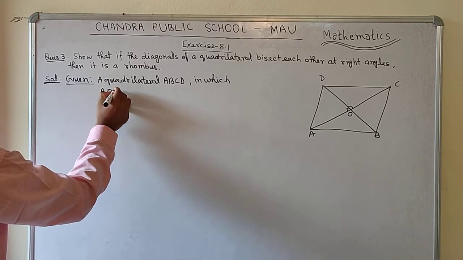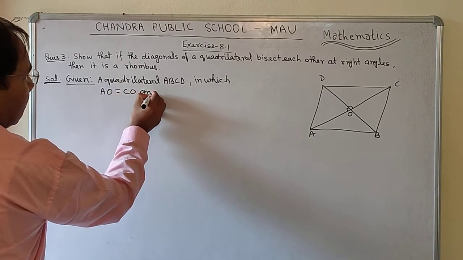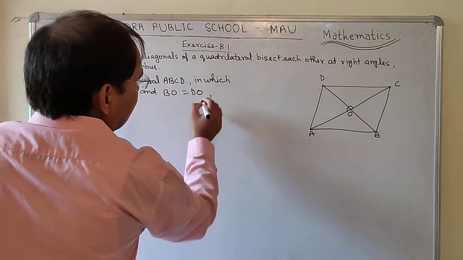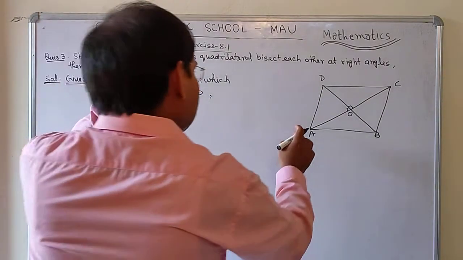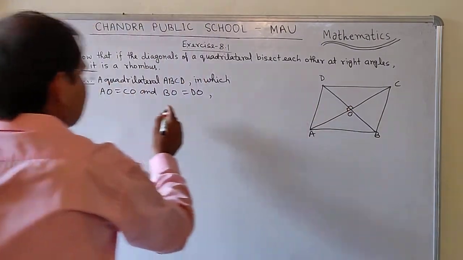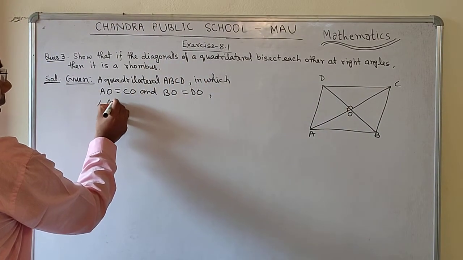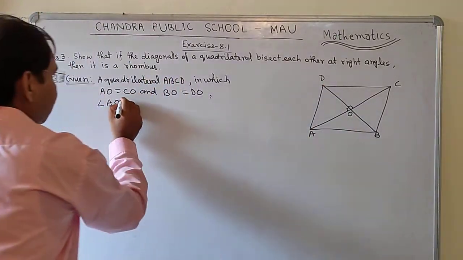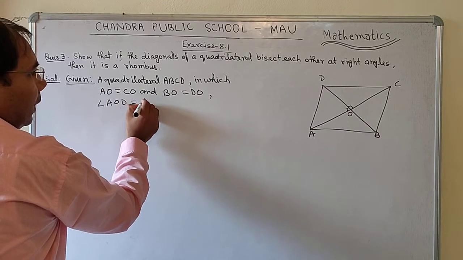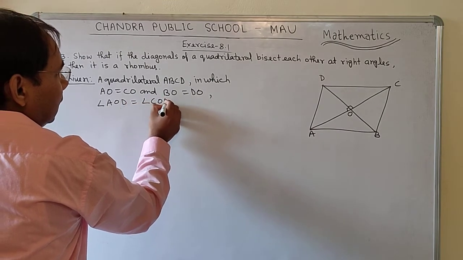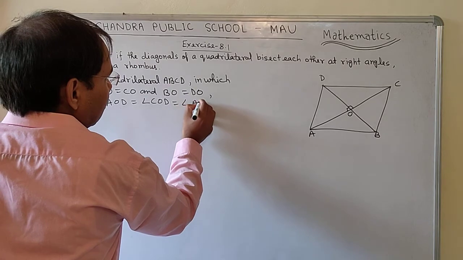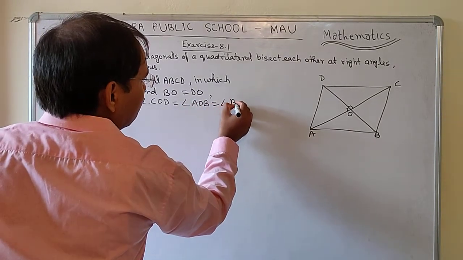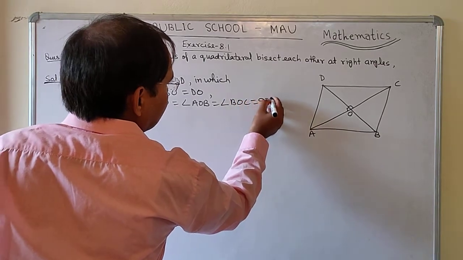It means AO equal to CO and BO equal to DO. That is given, and it is also given that they bisect each other at right angle. It means angle AOD equal to angle COD equal to angle AOB equal to angle BOC equal to 90 degree.